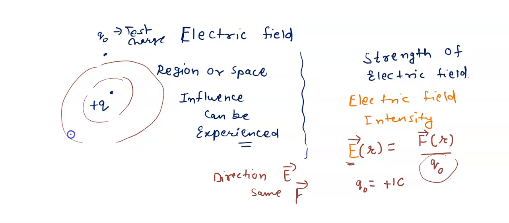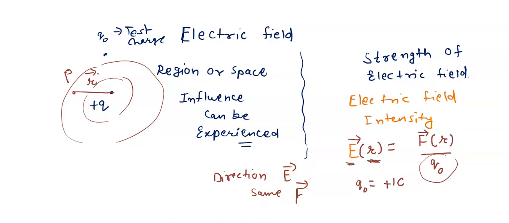You randomly select one point, say this is point P, and suppose its position vector is taken as R vector. So this is the point R in the electric field region, and the direction of the electric field is the same as that of the force experienced.